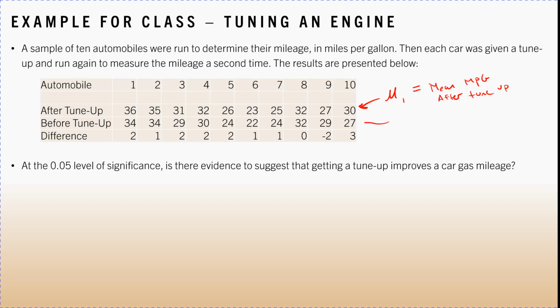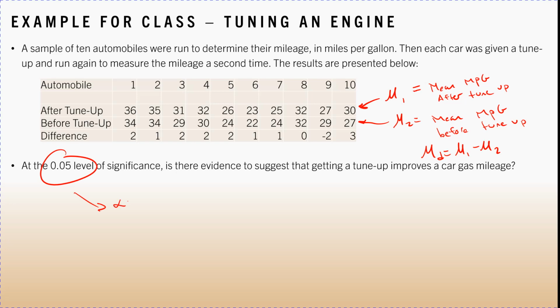And we're going to consider mu2 the mean miles per gallon before tune-up. And their difference is mu1 minus mu2. So let's test this.